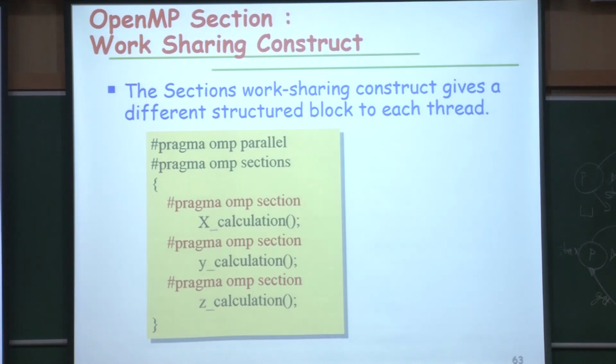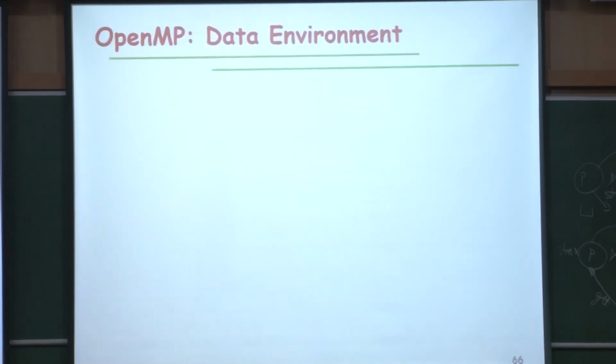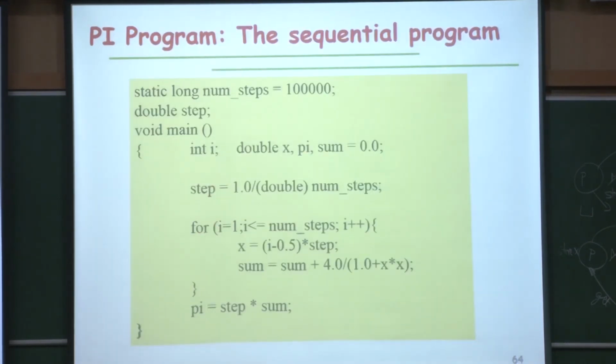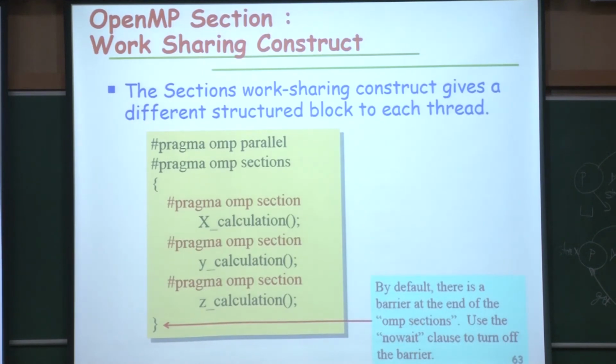That is essentially what OpenMP allows you to do. At the end of an OMP sections, there is again a barrier synchronization. That tells us that all of these threads must complete their computation before the master thread can proceed further.